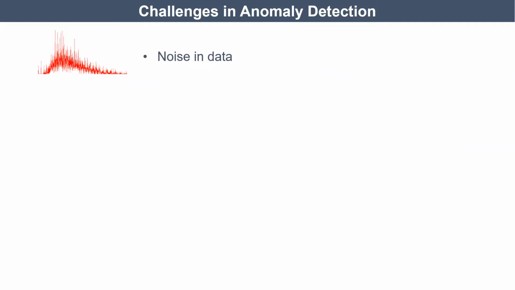Noise in data is really important. I have experienced that myself as well, because once we get our data from sensors especially, it's impossible that it's not noisy. So there's always noise in data, but obviously we don't want our model to learn this noise as well.